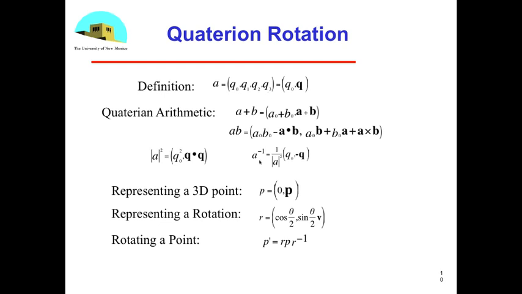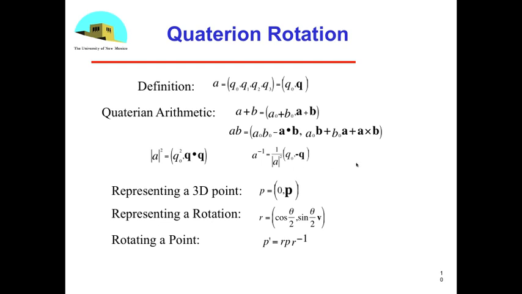The inverse is interesting too. The inverse turns out to be 1 over this magnitude squared, times Q0 with minus the vector part, and if you multiply it all out using this formula, that'll be true.